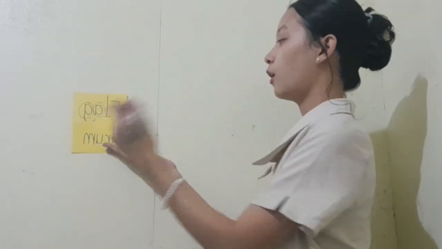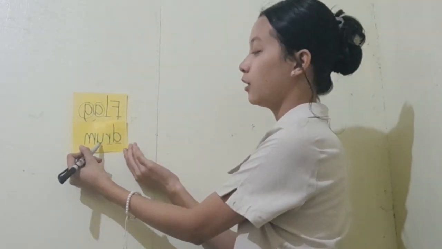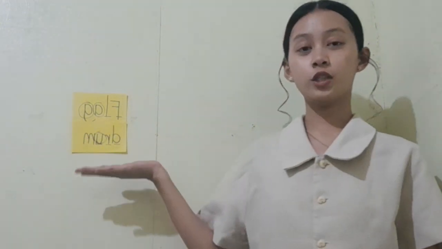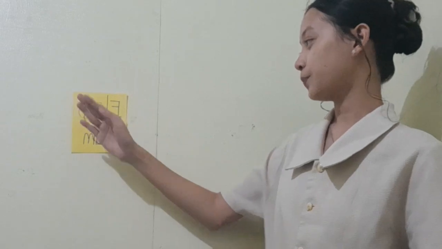And also, the vowel can be seen at the third part or at the middle part of the word, which makes them a consonant cluster.